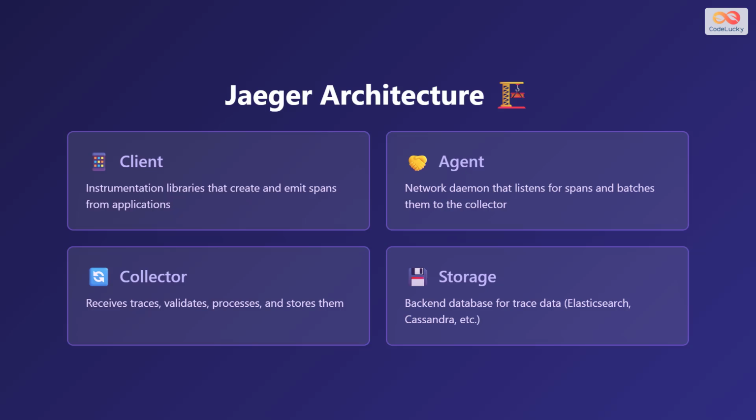Let's dive into how Jaeger is architecturally designed. Jaeger consists of four main components that work together. First, we have the client, which refers to the instrumentation libraries that you add to your applications. These libraries are responsible for creating and emitting spans from your code. Next is the agent, which is a network daemon that runs alongside your applications.